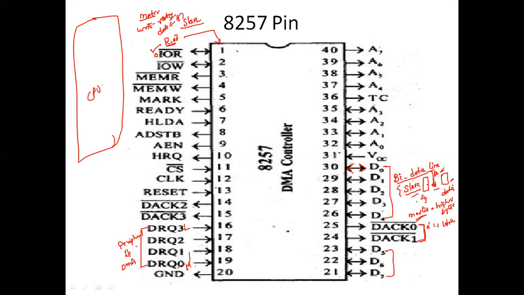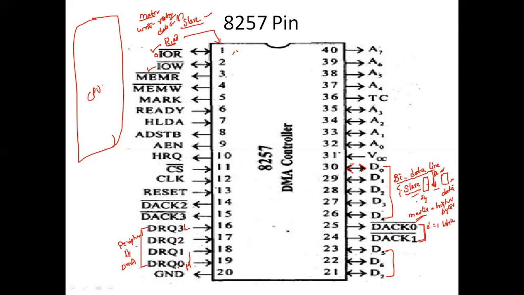IO read, the input output read operation: in slave mode, it reads the internal registers of the 8257 for the CPU. In master mode, it helps in reading the data from the peripheral device during the memory write cycle. When it comes to IO write, it is also an active low bidirectional tri-state line. It helps in loading the contents of the data bus into the 8-bit registers. In master mode, it is used to load the data to the peripheral devices during the DMA write cycle.